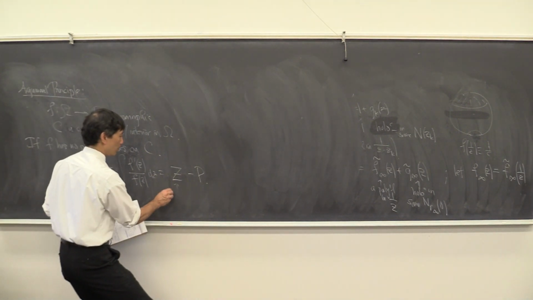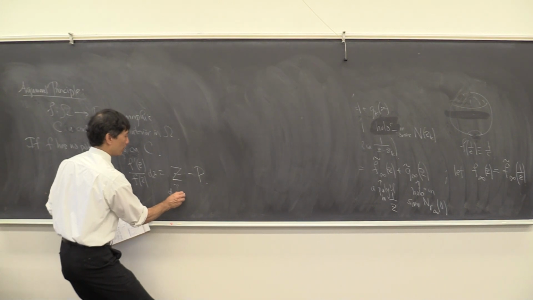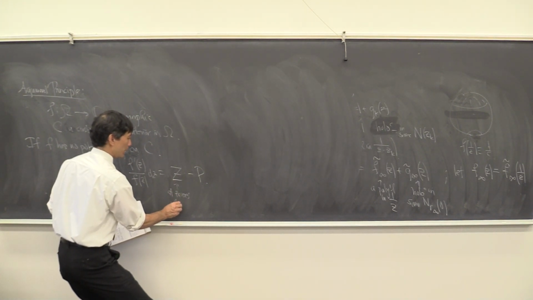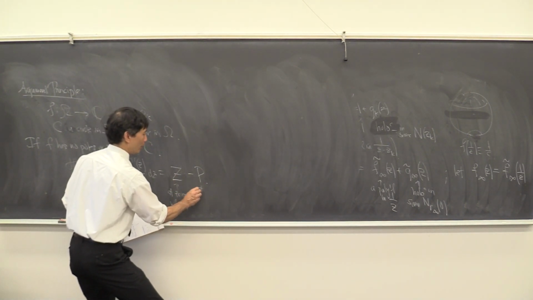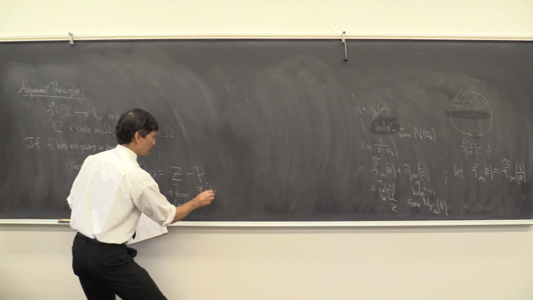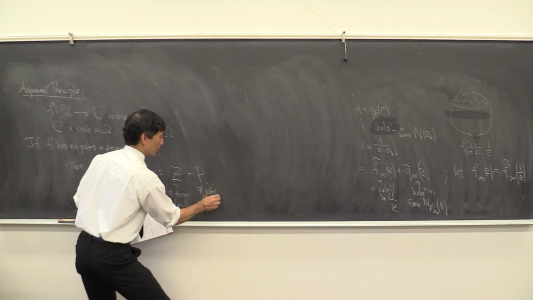So this is the number of zeros with multiplicity, and this is the number of poles, again counted with multiplicity.